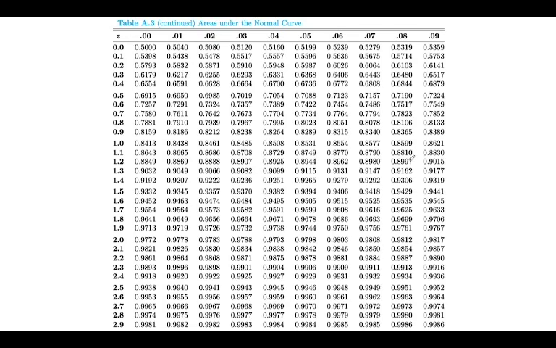So 1 minus the level of significance 0.05, we get a value of 0.95, and that's the value that we should be looking for in the table. So 0.95, so it is in between 0.9495 and 0.9505. And since 0.95 is directly in between the two, we just have to get the average of this value, 0.04 and 0.05.